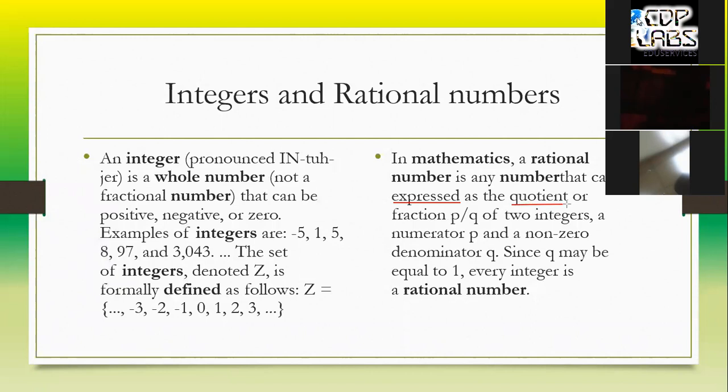A quotient is a number divided by a number. The result of dividing one number by another number. Yes, you could say that. The mathematical definition: a result obtained by dividing one quantity by another. That's correct. So it is the result.